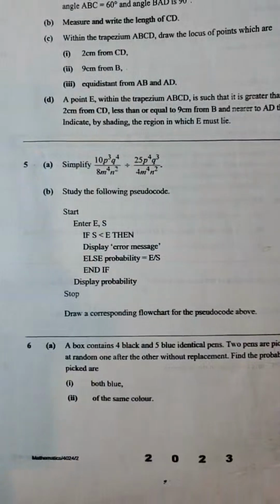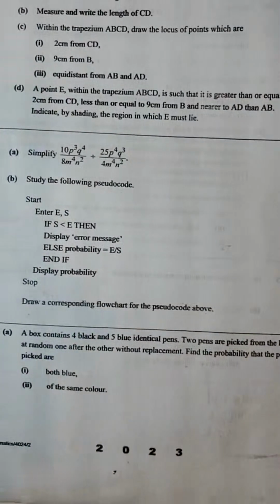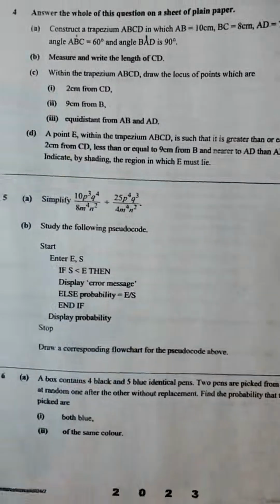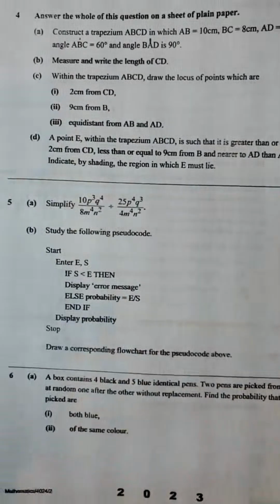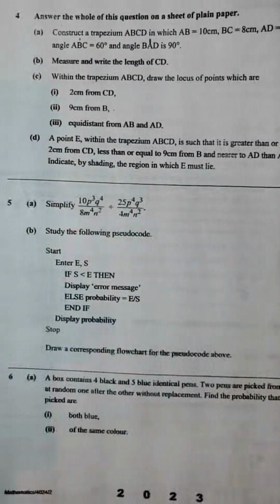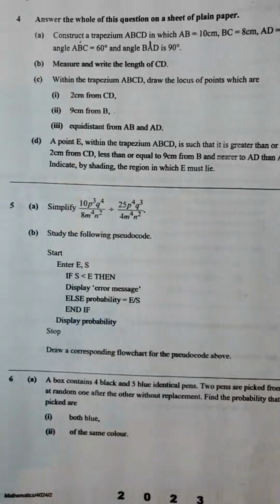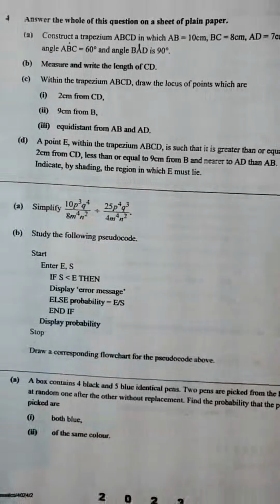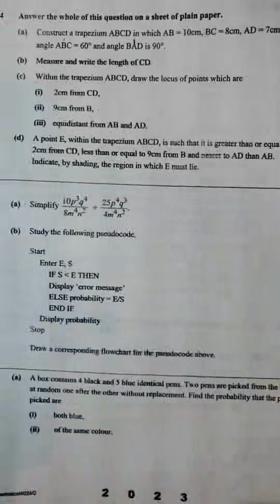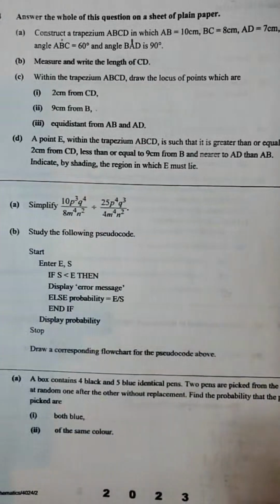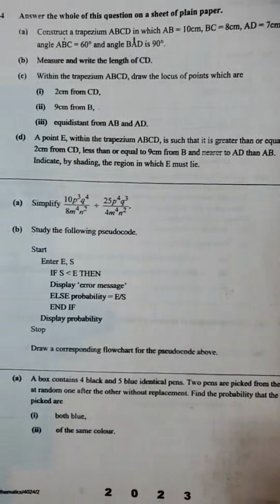This is question 5. Question 6A is probability. Question 5A is algebra. Question 5B is pseudocode, and we're asked to convert to flowchart.